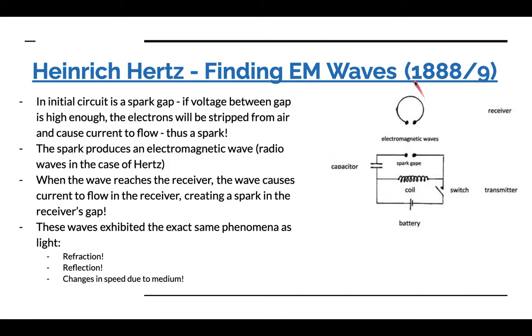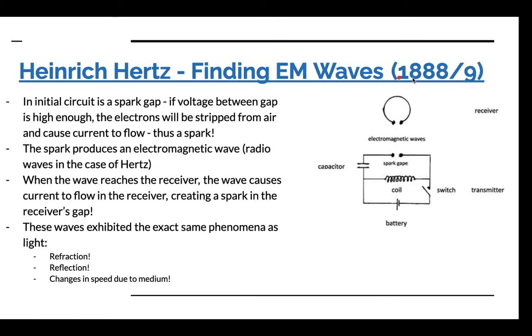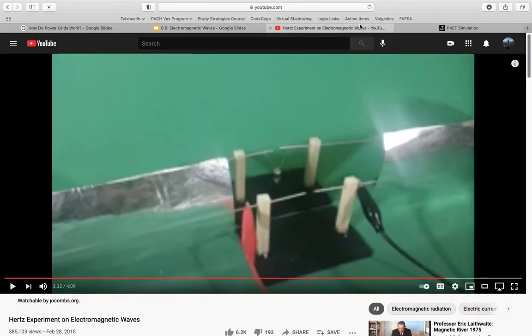Okay, and we come right here. Here's a video that actually shows us this. In this video, here's our transmitter spark gap, and here's our receiving spark gap. What you're going to see is a spark right here, and as a result, this LED light that's hooked into the receiving spark gap is going to light up.